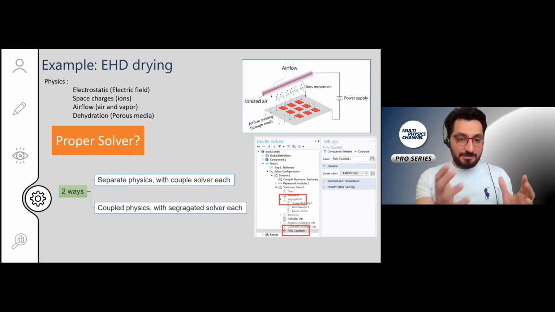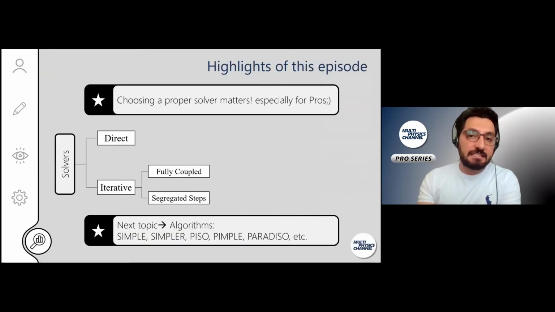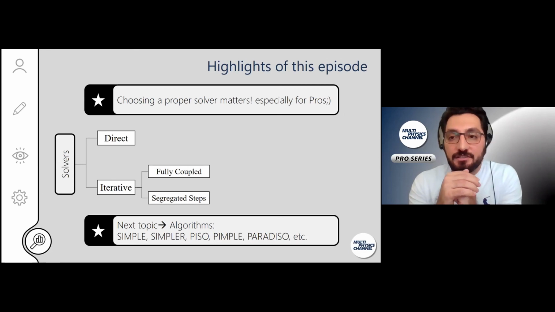And if you look at these two ways, actually they are both segregated because I somehow subdivided the whole domain that I had, the whole operation that I have. So both of them are segregated. Why? Because I had a limitation in the RAM with the machine that I was using at that time. So that's basically it, and these are the highlights of this episode.